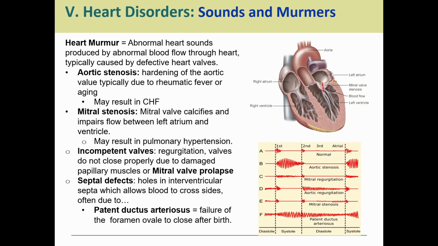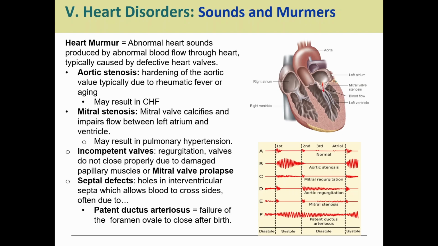And so when can we hear these weird sounds, right? We call it a heart murmur when we hear an abnormal heart sound. And again, this is because the valves are not closing properly or opening properly. For example, aortic stenosis is where the aortic valve has hardened. This can cause congestive heart failure.